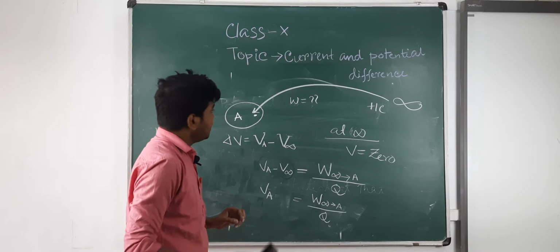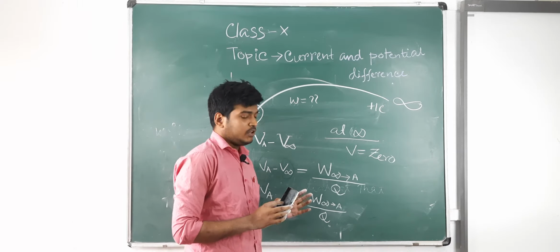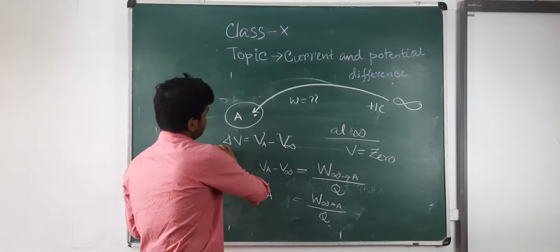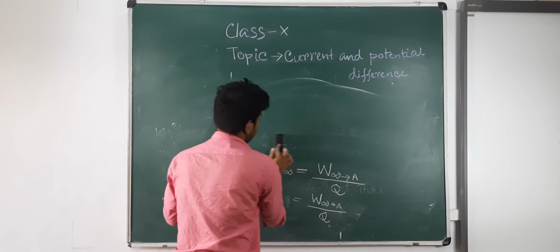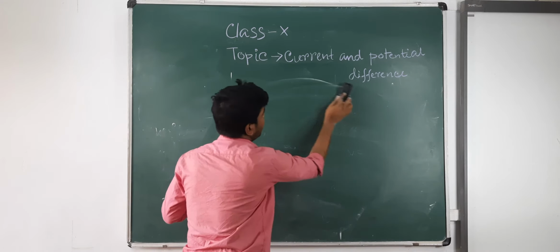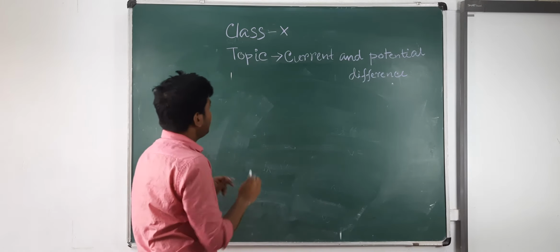Okay. Now we will discuss Ohm's law. Ohm was a scientist. He gave a relation between the current and potential difference. This is known as Ohm's law. So what is Ohm's law?